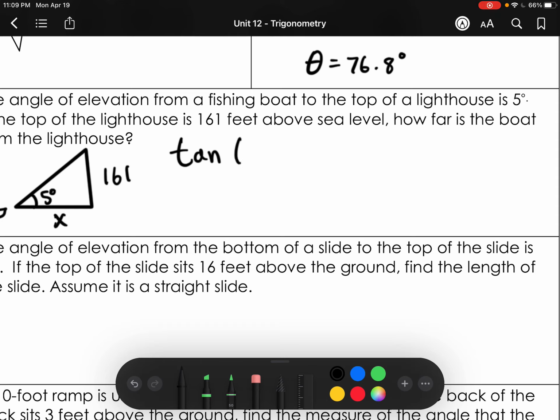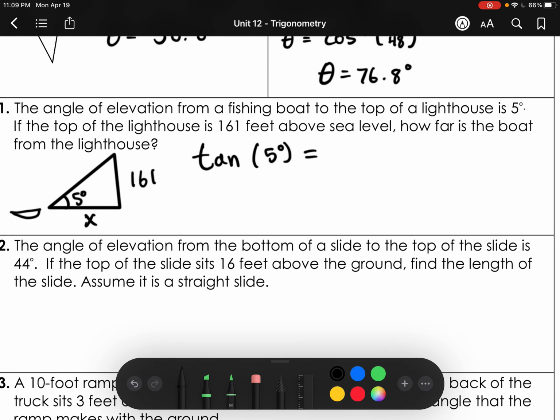So tangent of 5 degrees is equal to opposite over adjacent, so 161 over x. Right, 161 over x. And if you remember from the previous examples, when we have a situation like this, we're going to switch tangent and x, right?